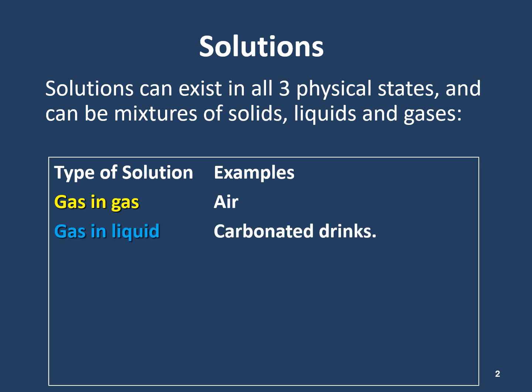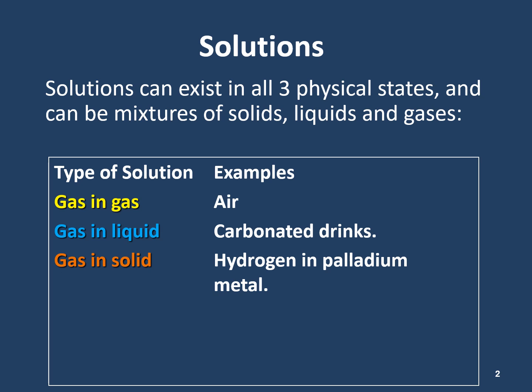We have a gas and a liquid. Carbonated beverages are an example of gases mixed with liquids. The CO2 dissolved in a carbonated drink is in solution with the water and sugar in most carbonated beverages. Gas in a solid. This is pretty interesting.